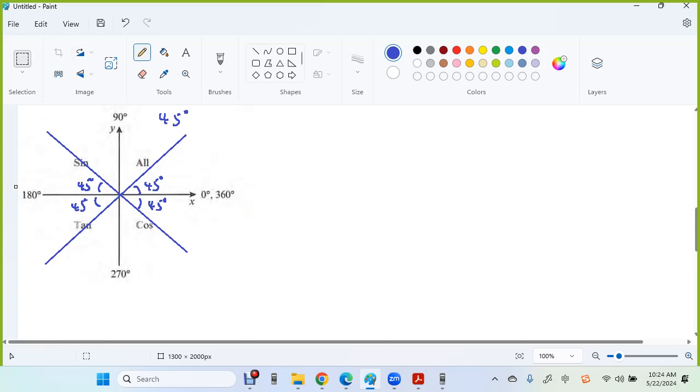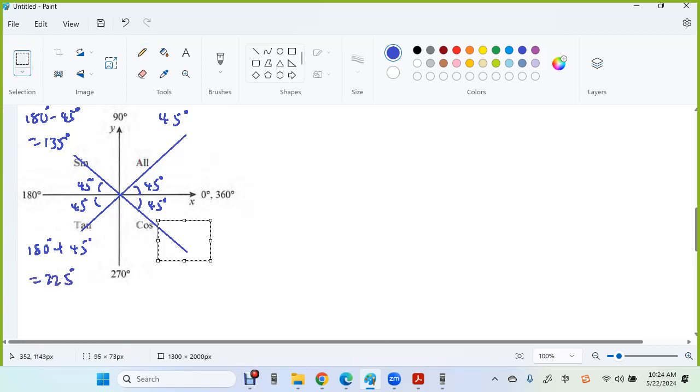Second quadrant will be 180 minus 45, that is 135 degree. And the third quadrant will be 180 degree plus 45 degree, it is 225 degree. And the fourth quadrant will be 360 degree minus 45, then it is 315 degree.